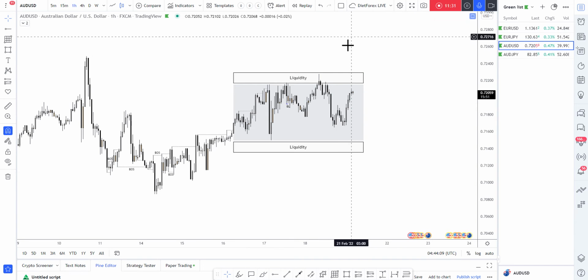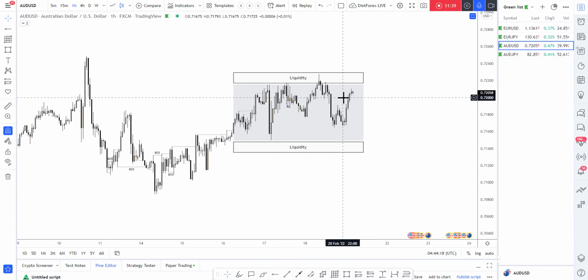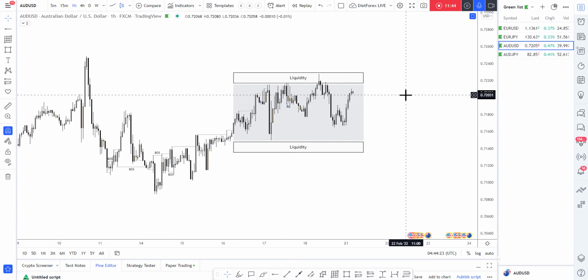So interestingly, we got this huge wick, getting these traders liquidated on this area, and then it continued its move inside the box. So that's the prior action, right?